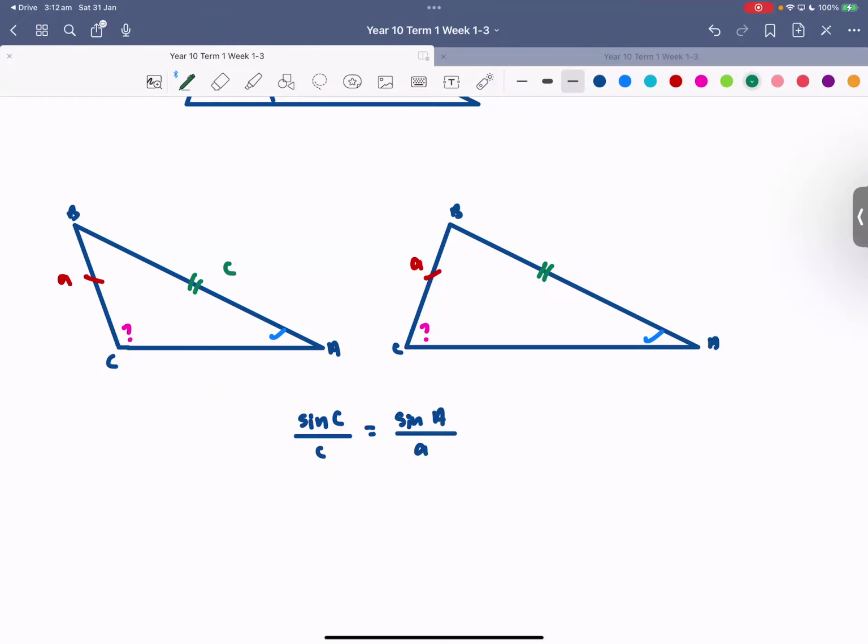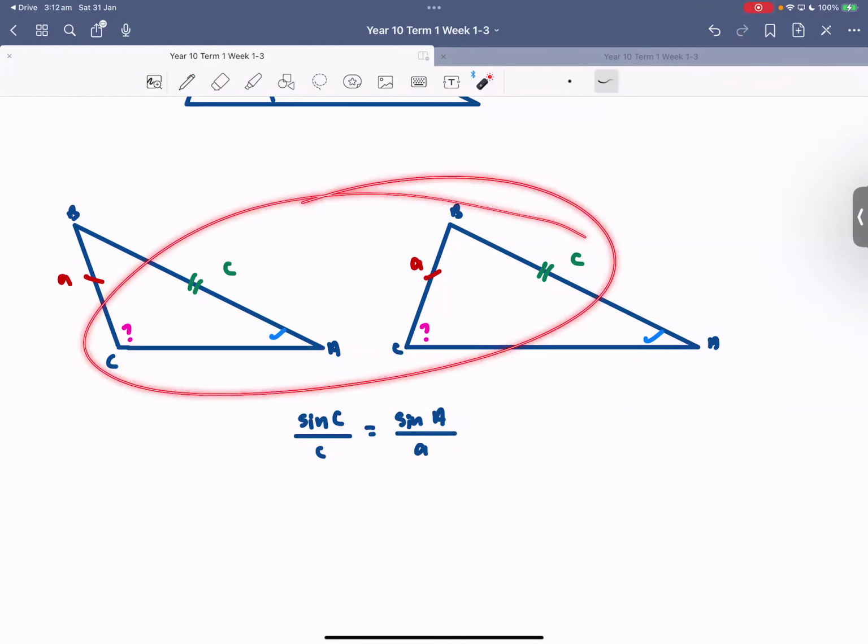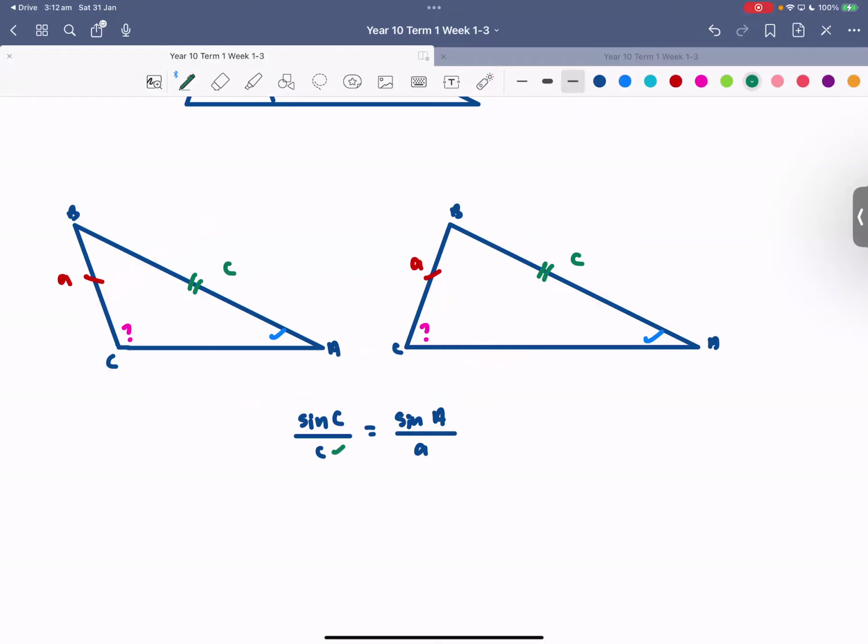So here's the confusing thing, guys. Do both of these triangles have the exact same C? They have the exact same C. What do they also both have the exact same? Little a. What do they also have the exact same? Angle A. So they've got the exact same stuff. But clearly, how many different versions of angle C are there?